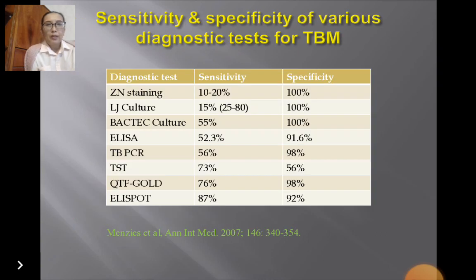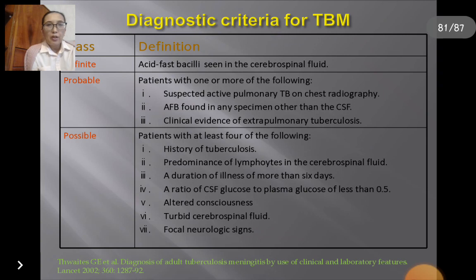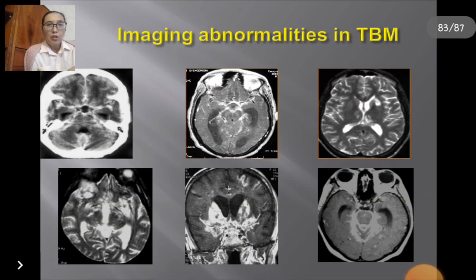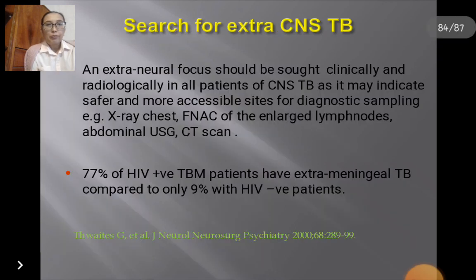Diagnostic criteria include acid-fast bacilli still seen in the cerebrospinal fluid. Probable and possible imaging in TBM. You can see imaging abnormalities of TBM in this picture. Search for extra-CNS TB is necessary also.